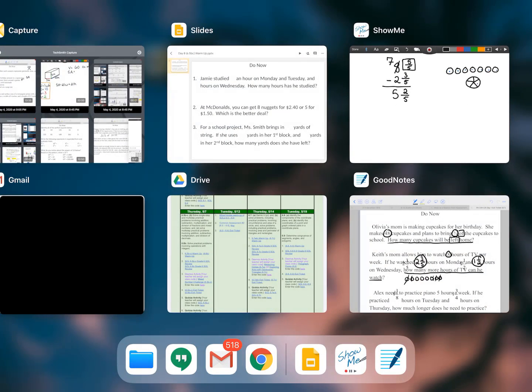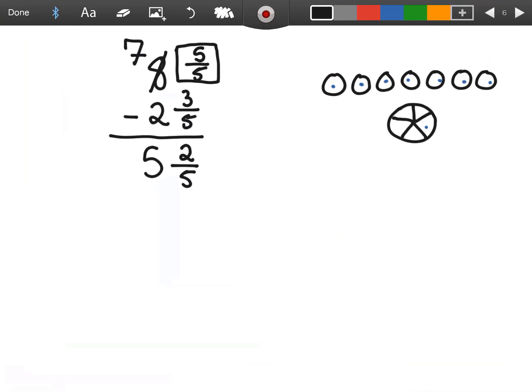Now we have to know how much he has left after Wednesday. So we have to take that 5 2/5 and subtract 1 1/2. Now those two fractions do not have the same denominator, so we need to find a common denominator and then make the equivalent fraction.